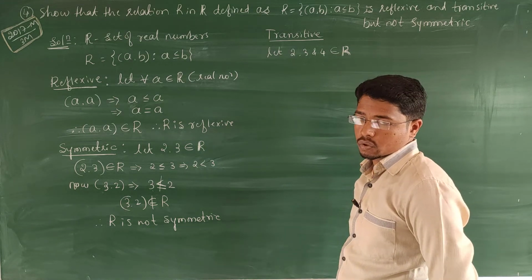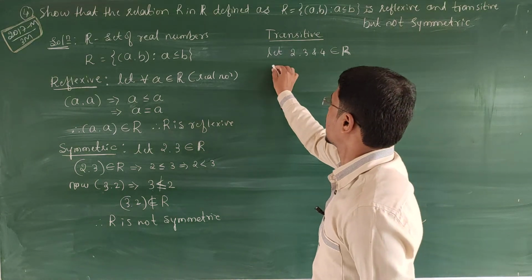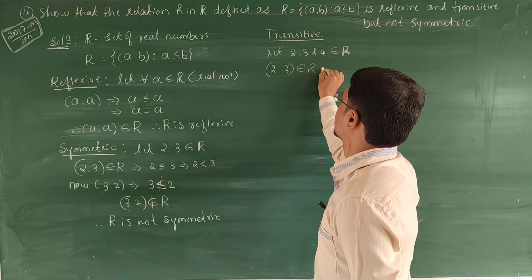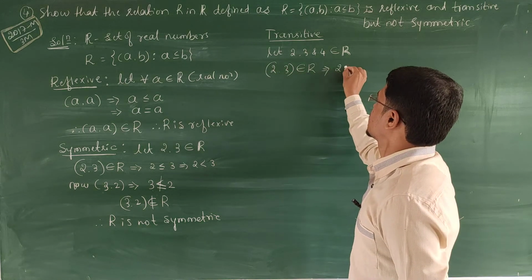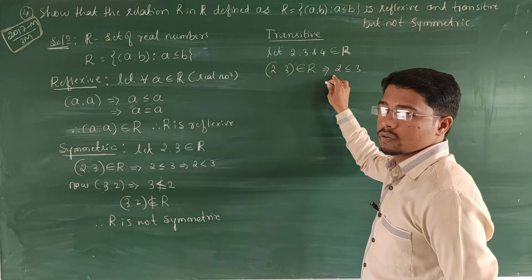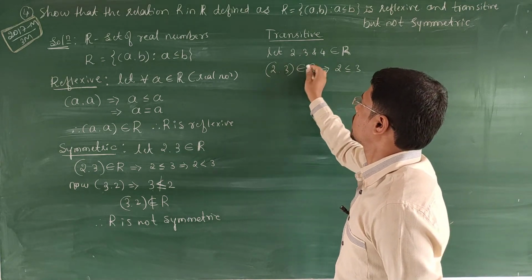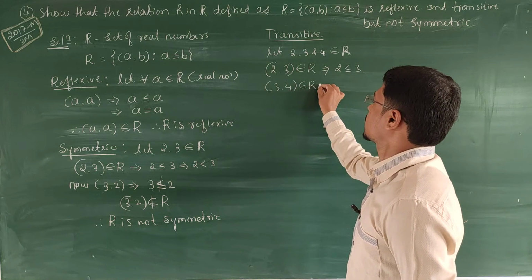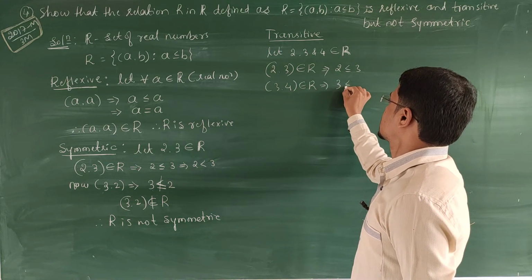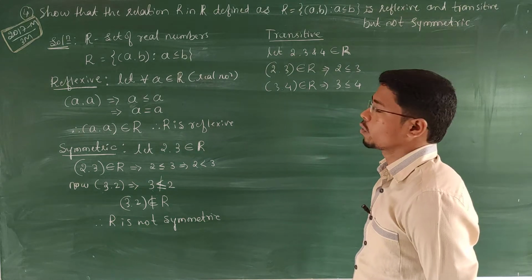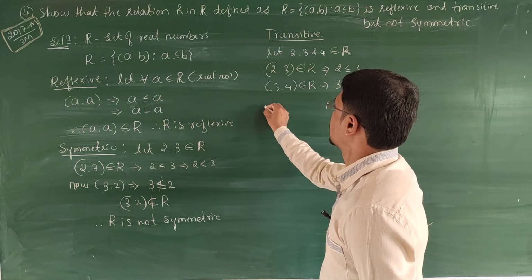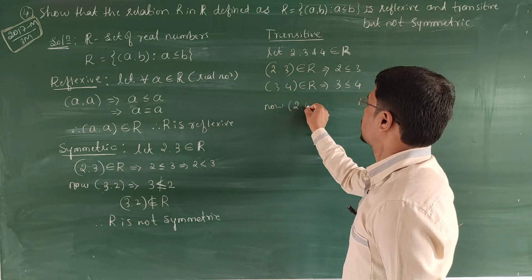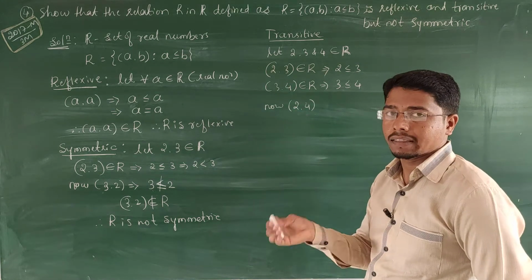Then (2, 3) belongs to R because 2 is less than or equal to 3, 2 is less than 3, and (3, 4) belongs to R. This implies 3 is less than or equal to 4. Now what we have to do is check (2, 4). Does (2, 4) belong to R or not?